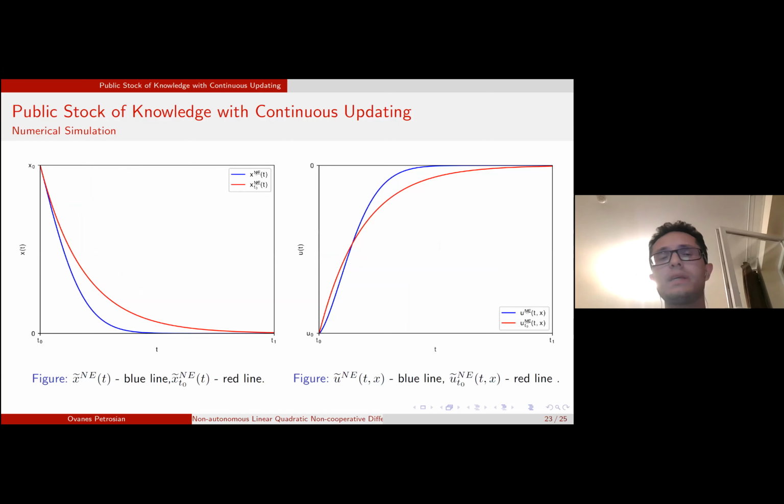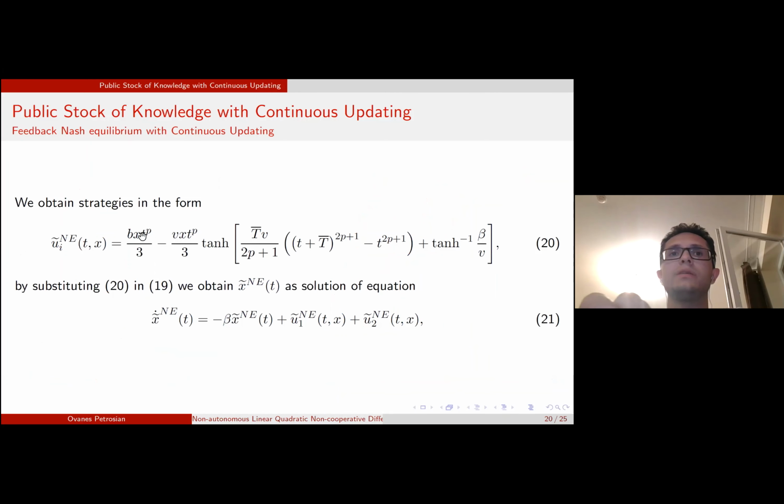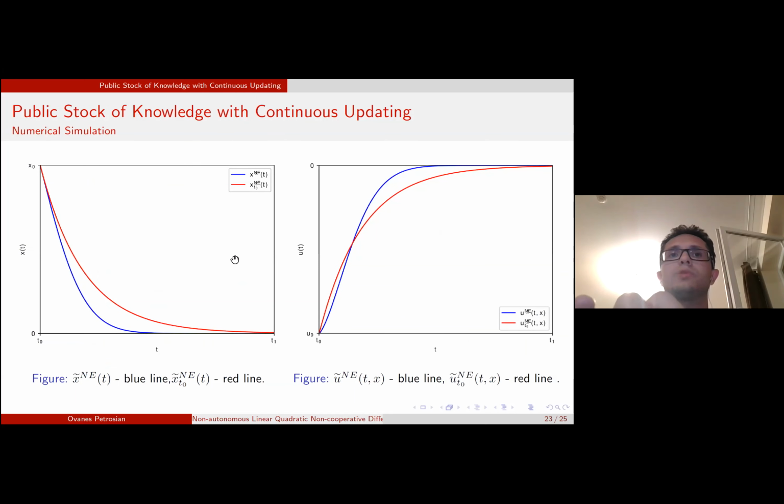So what you can see here on the slide is the comparison for our specific model example for the case where the non-autonomous part becomes autonomous, when T in formula 20 becomes T0, when we fix T here in the non-autonomous part. We can see the comparison here. So you can see that the Nash equilibrium is actually different.